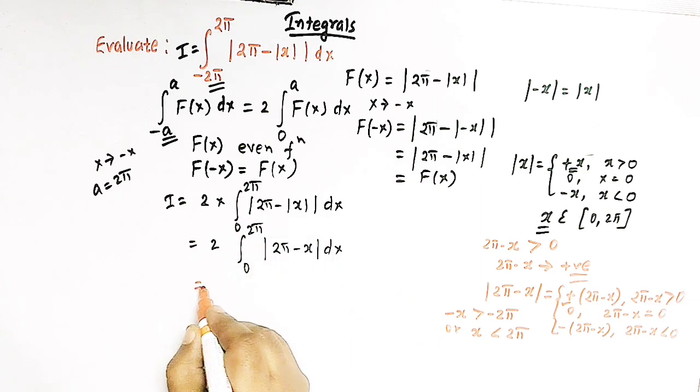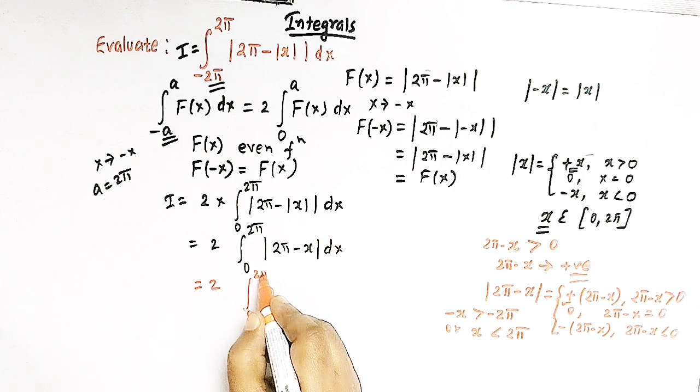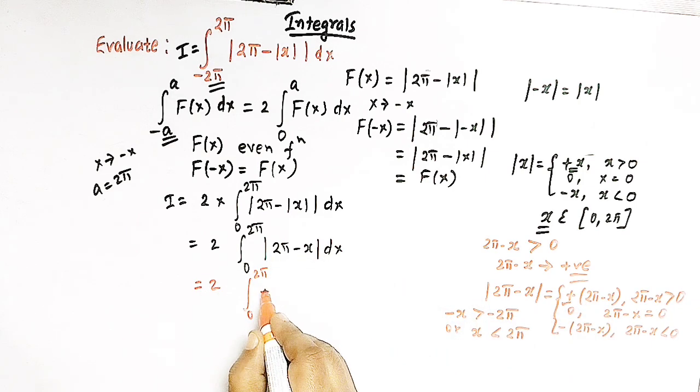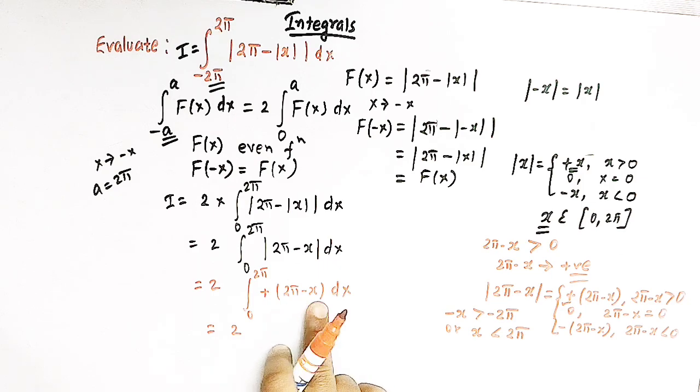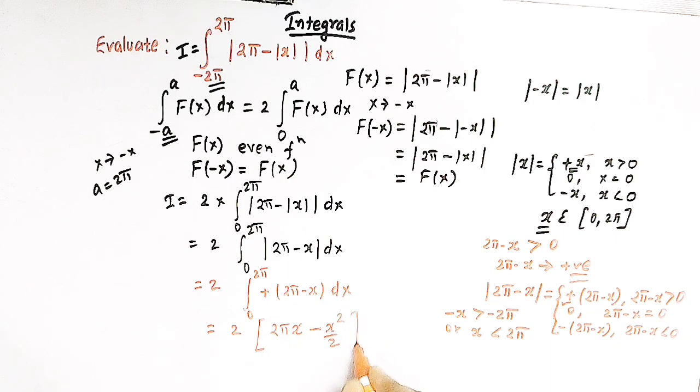So now we can replace this mod of 2 pi minus x as positive 2 pi minus x dx, and now we can easily find the integral of 2 pi minus x. So we have here the integral of 2 pi dx as 2 pi x and x dx as x square over 2, and the limits of integration are from 0 to 2 pi. So now we can simply substitute the limits and we'll take the difference.